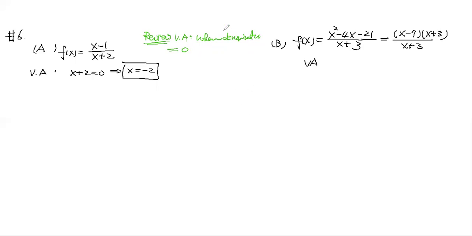Here I just want to show you that the x plus 3 can cancel, right? So when I'm looking for the vertical asymptotes, I don't have a denominator here. I only have x minus 7. So for this function, the vertical asymptote is what? Does not exist, DNE. So this one is does not exist.